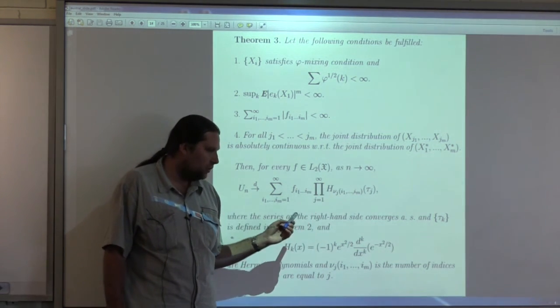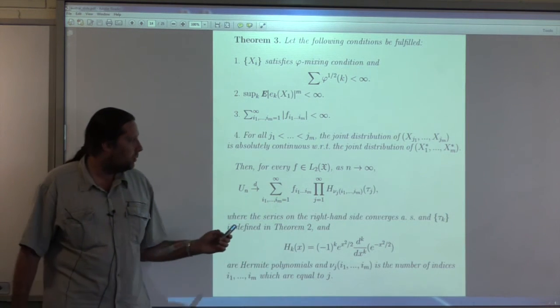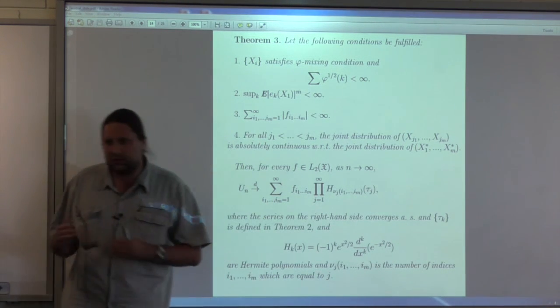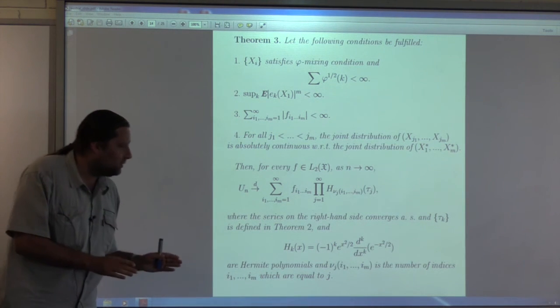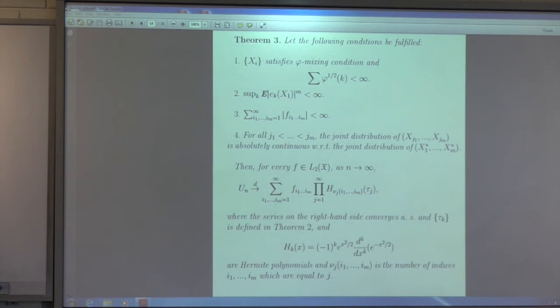Here we have some so-called Wick products, which are infinite products of Hermite-Chebyshev polynomials of the same Gaussian random variables as in the previous theorem. And again, they are independent if the observations are independent, or we can just write down the covariance functions in the case of weakly dependent observations.